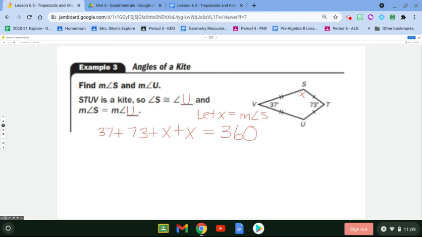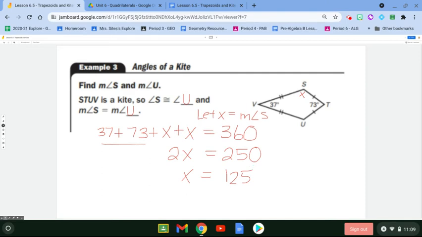So if I add up 37 and 73, and then add up my like terms, I can start combining this together to solve this equation. So I got 2x, and then I'm going to subtract these like terms from the 360. I'm going to divide both sides by 2, and I'm going to get my answer for x, which is 125.